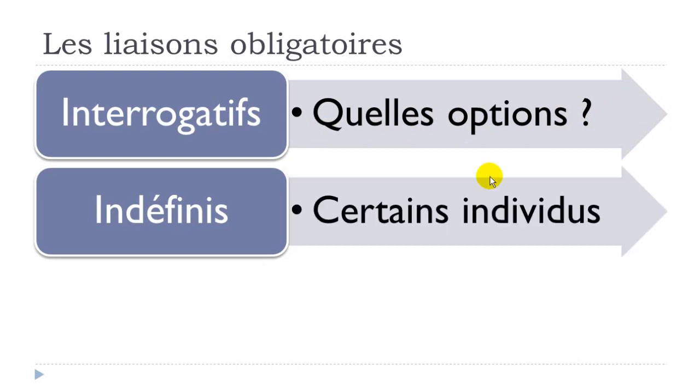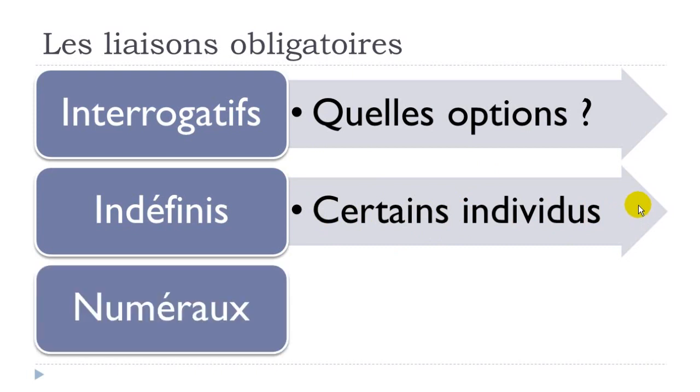Indéfini, well, exactly the same rule. In that case, you've got certains, indéfini, and it is here at the plural form. Individu, plural, starting with a vowel, you make the liaison, certains individus. All right? And the last situation for this page, numéro.